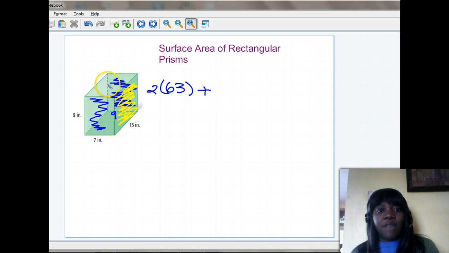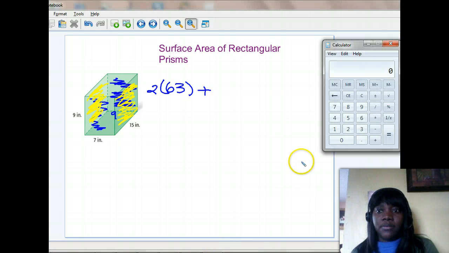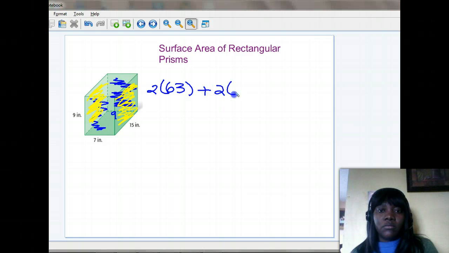And again, we have two that are congruent, if you can picture the yellow one in the back. So I can do 9 times 15 and multiply that by 2. Let's bring up our calculator real quick and do 9 times 15. That's going to be 135. Again, I have to multiply it by 2 because I have two congruent sides.